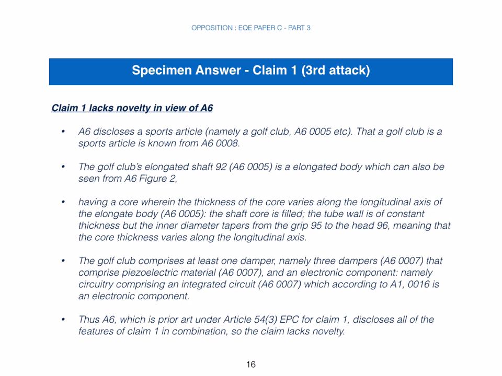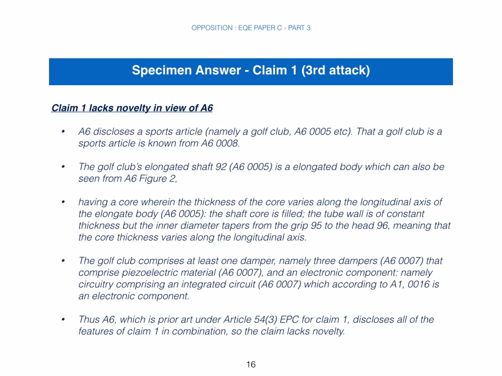Having a core wherein the thickness of the core varies along the longitudinal axis of the elongate body (A6 paragraph 5). The shaft core is filled, the tube wall is of constant thickness, but the inner diameter tapers from the grip 95 to the head 96, meaning that the core thickness varies along the longitudinal axis.